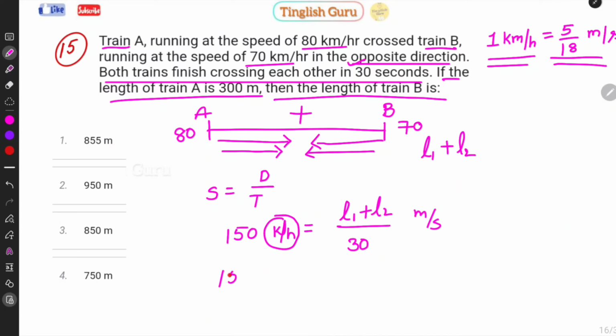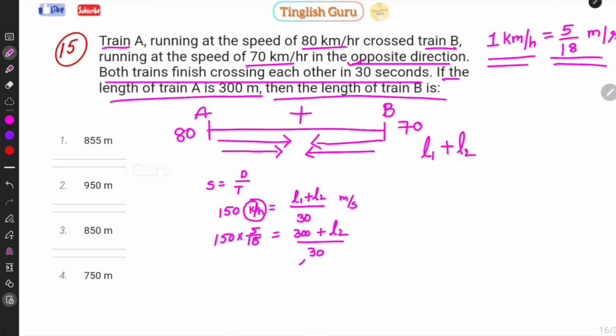So we just have to multiply this with 5 by 18 is equal to the first train length, which is 300 meters, plus second train length L2, divided by 30. So send this 30 to this side: 150 into 5 by 18 into 30 is equal to 300 plus L2.